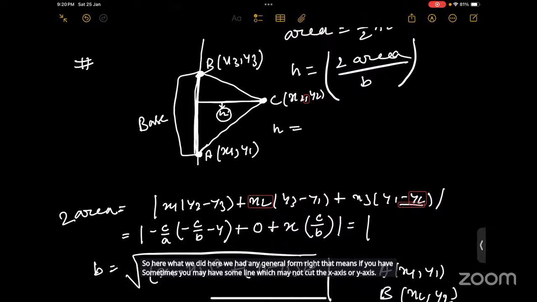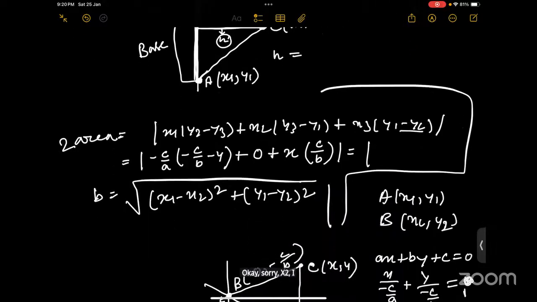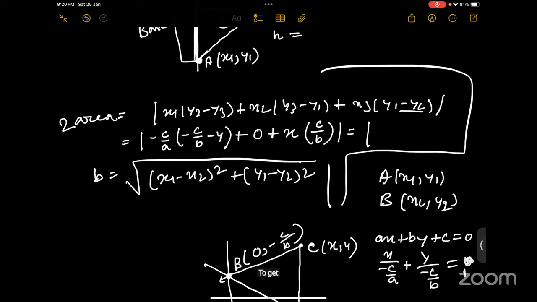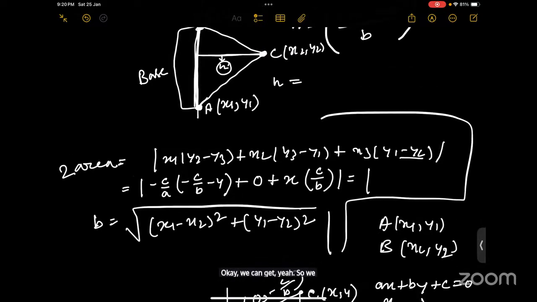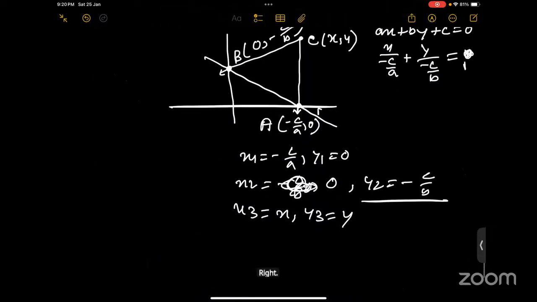If you don't have the x-intercept and y-intercept, you can also do that. So this is the general form. You can use any 3 points, x1, y1 and x3, y3 on the line, and our point is x2, y2. We know that if I have 3 points, then we can calculate the area of the triangle, right?